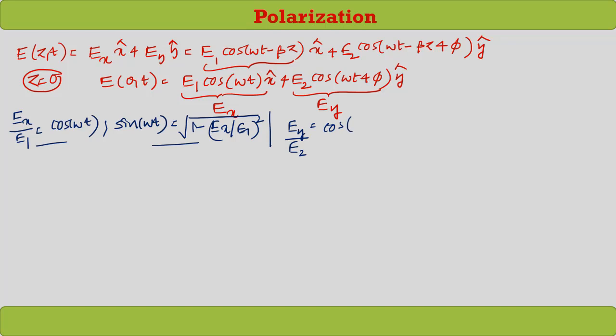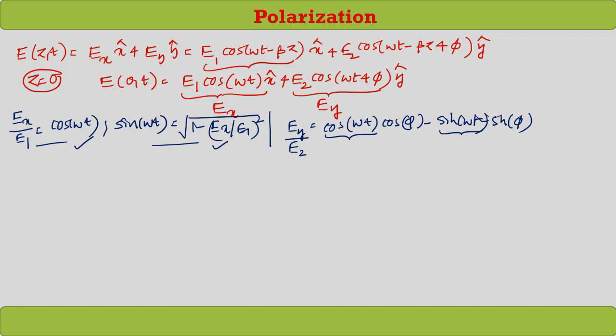You can expand this using the formula cos(A plus B), that is cos A cos B minus sin A sin B. Like this I have expanded it using the cos(A plus B) formula. But already you know what cos omega t is and what sin omega t is, so just substitute them.